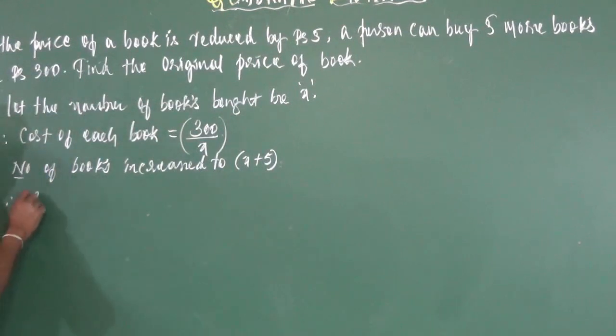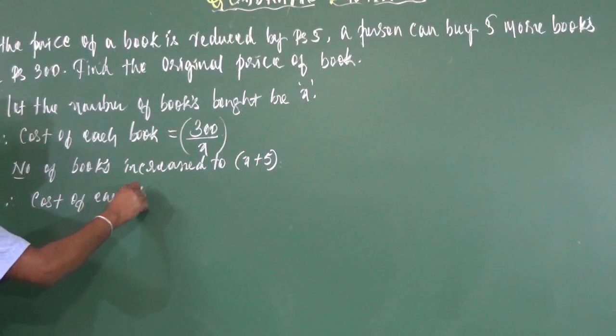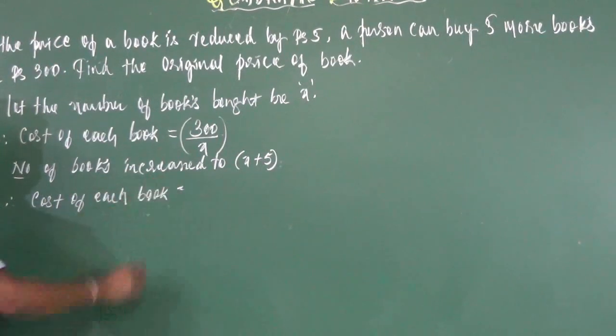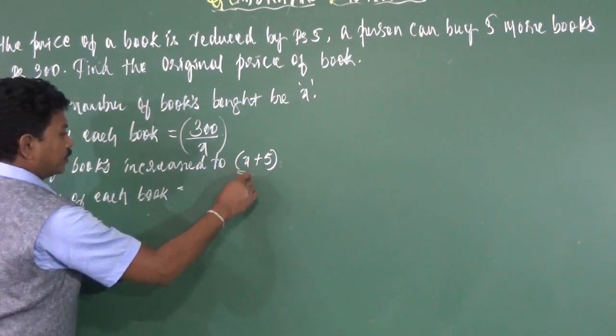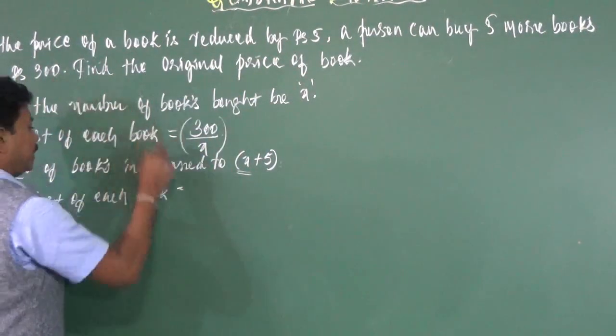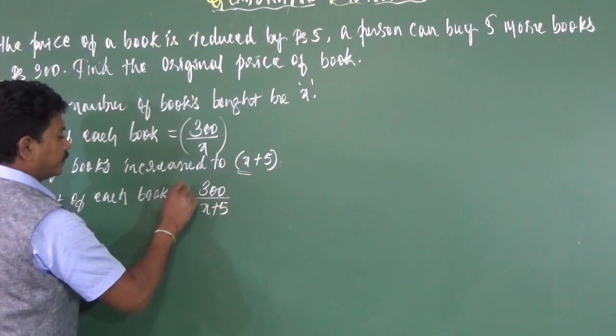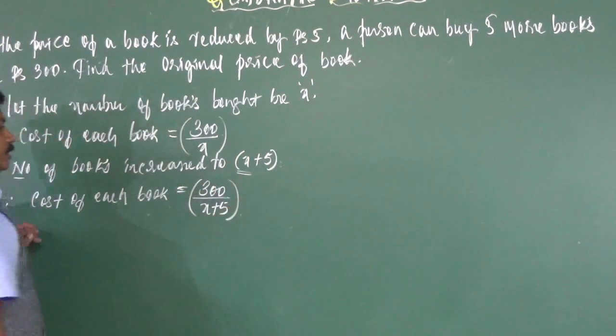So therefore, the cost of each book now is, with number of books X plus 5 and the cost remaining the same, 300 by X plus 5. So this is the cost of each book.